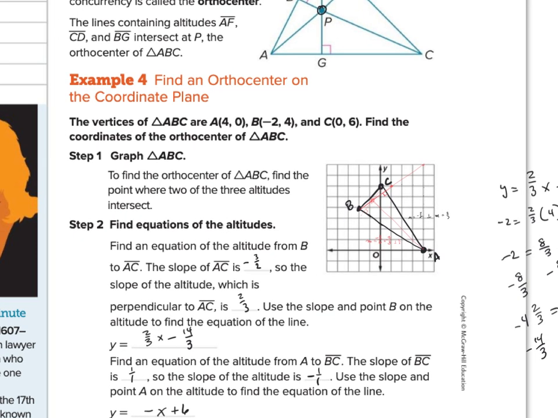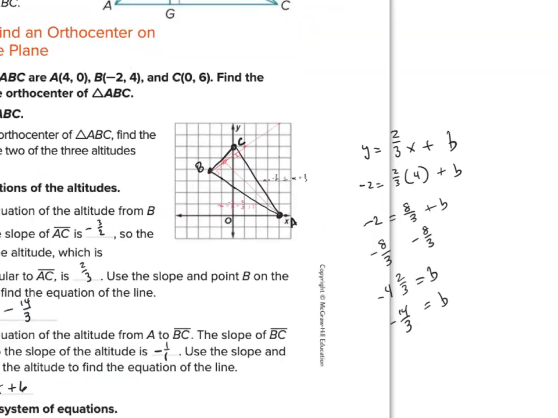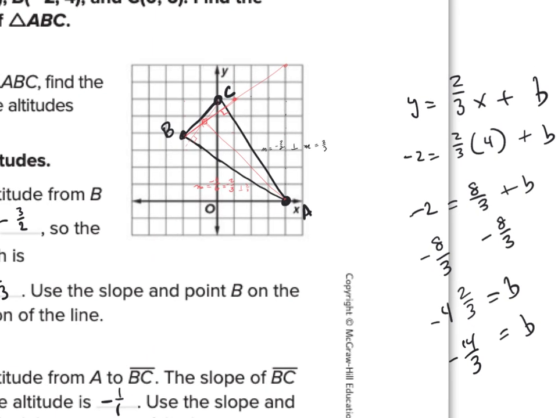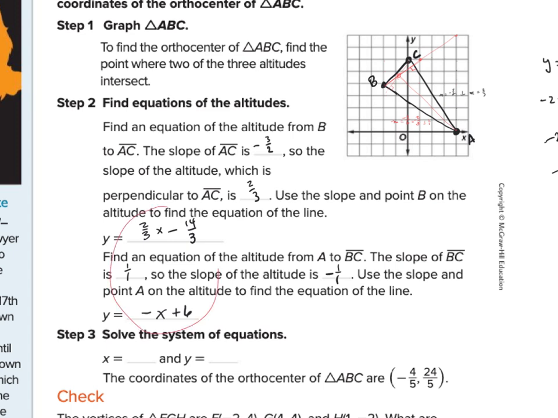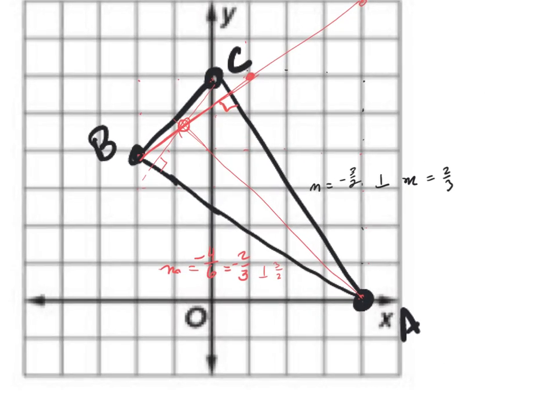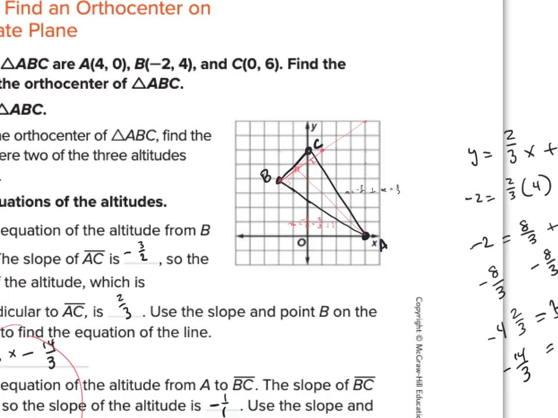So you have to do some slope computations, understand slope and the perpendicular values of slope, and then plug them into equations of lines in order to graph them. But I was trying to show you here that once we know what the perpendicular slope is, we can just take it from the vertices and count those slopes to get what we need. So we'll get some practice on this in class.